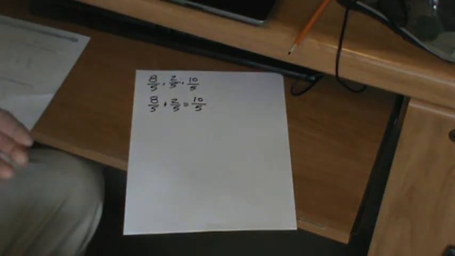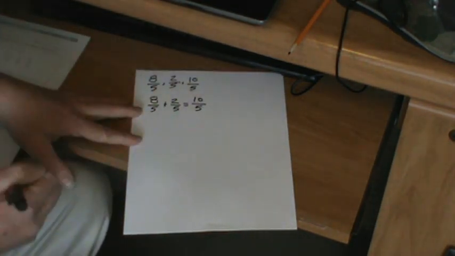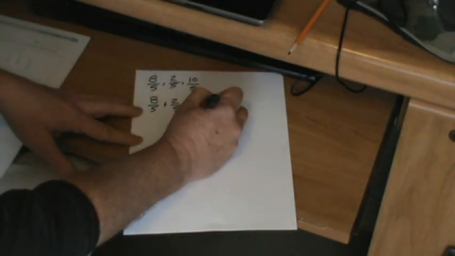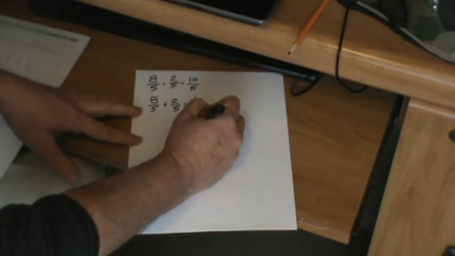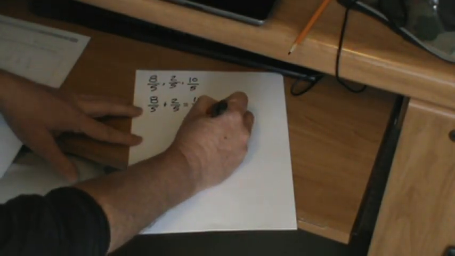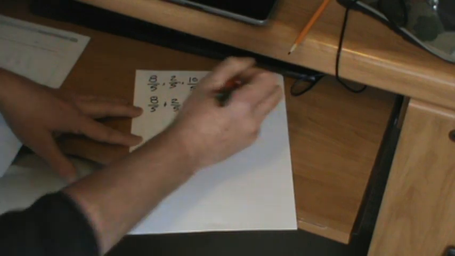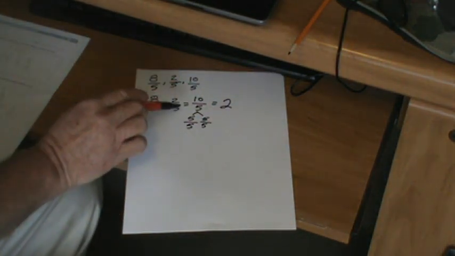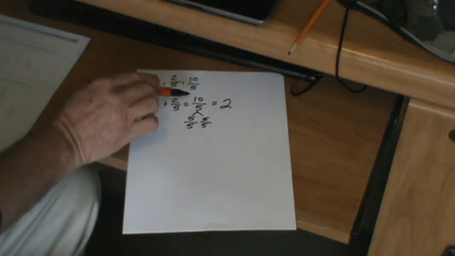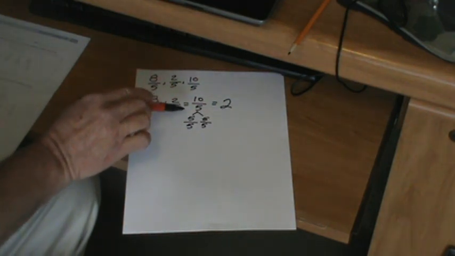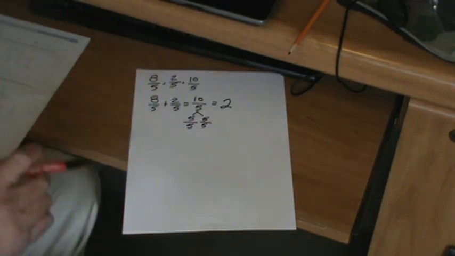And remember how we did a number bond to determine what this would be as a mixed number? So we would say 5/5 and 5/5. Look at that. Lo and behold, 1 whole and 1 whole. So this would equal 2. Because we have 5/5 and 5/5 to make 10/5. And we know that 5/5 is 1, plus 1 is 2.